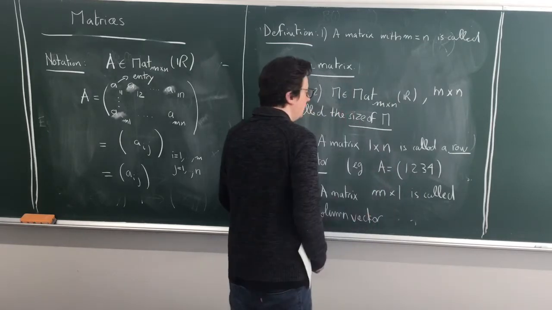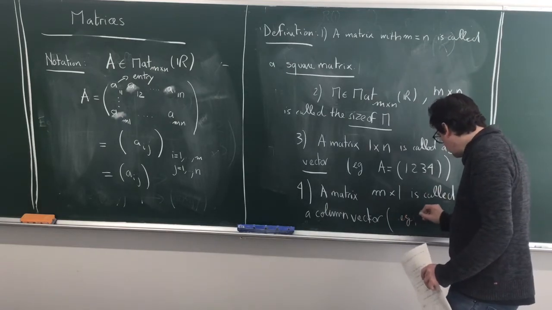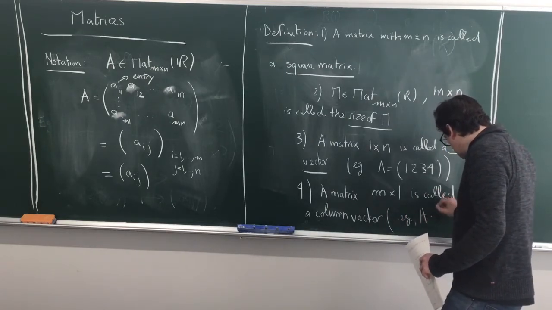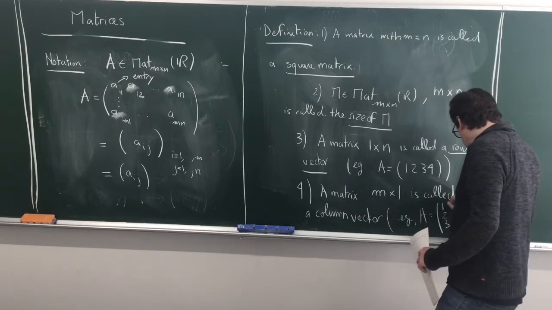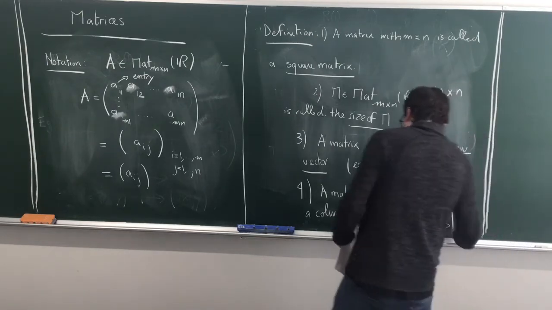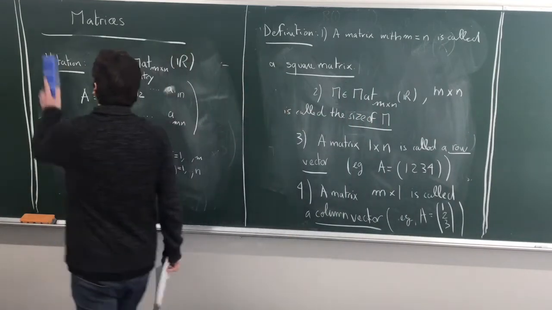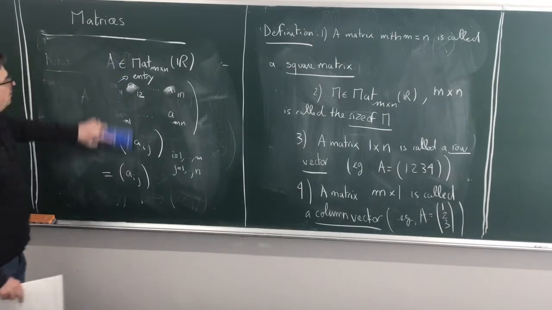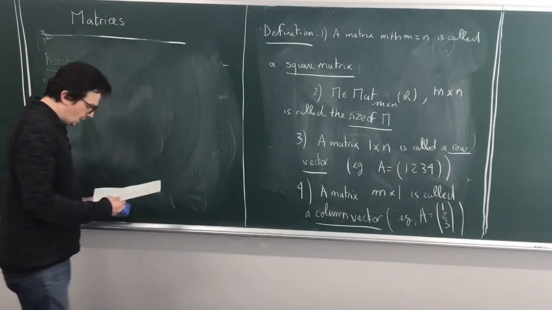For example, this time you will have something like 1, 2, 3. This is a column vector. These are basic definitions and notations.